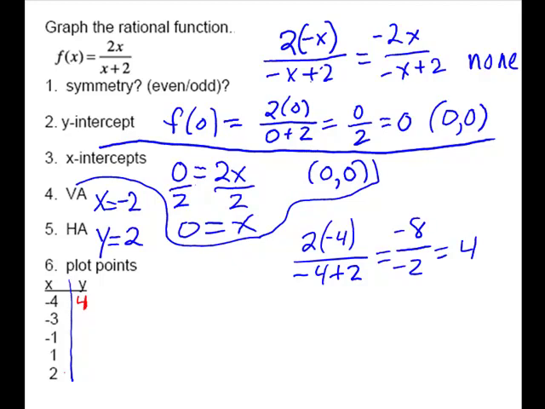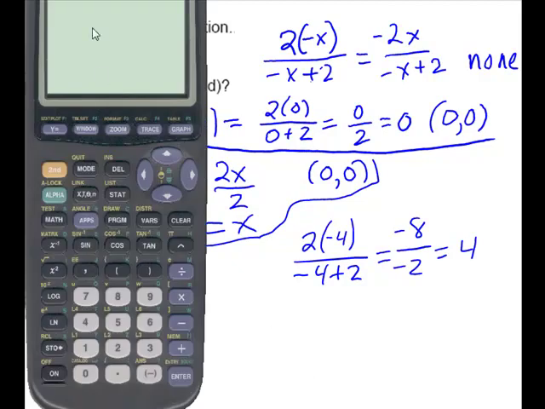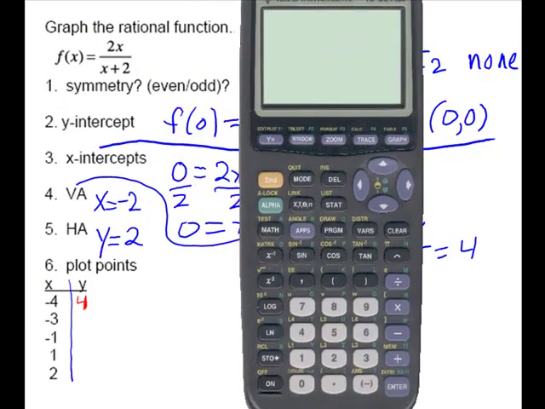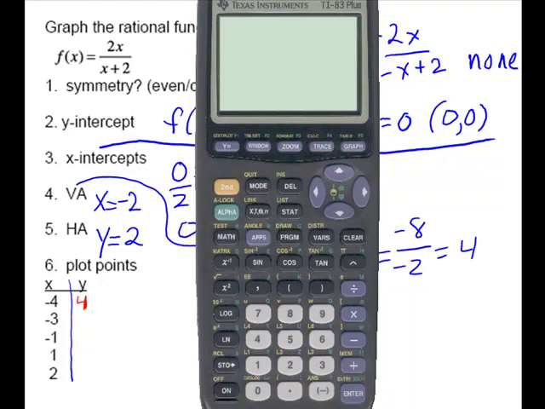All right, we're going to pull up the graphing calculator, and I'm going to scoot it over. One thing for these, when you enter a rational function, you have to put parentheses around the numerator and parentheses around the denominator.